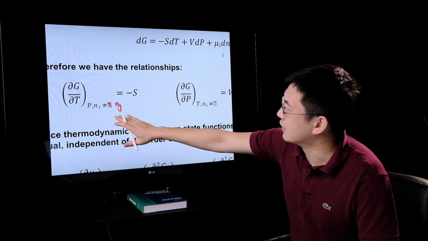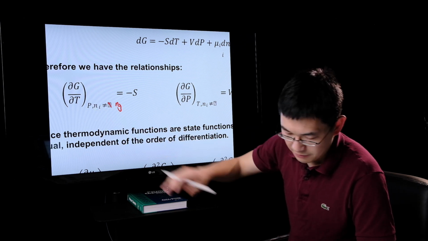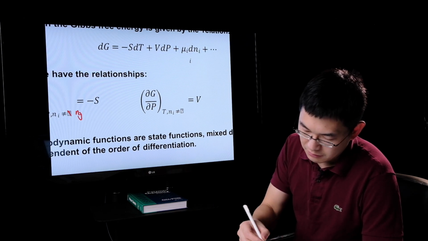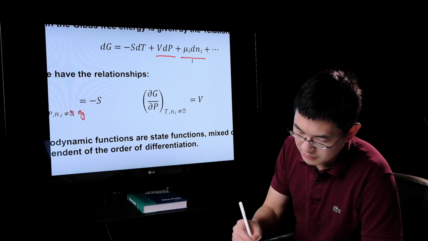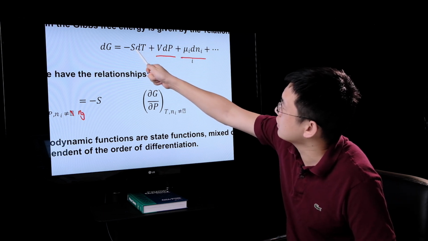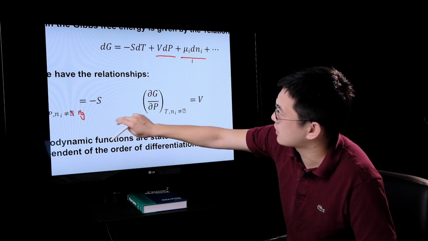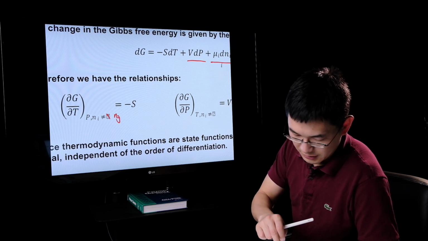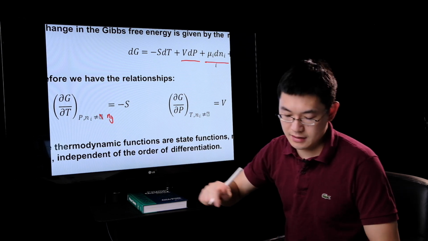How do you understand it? If we fix P and N, that means we take away the second term and the third term. So if you take a partial derivative with the temperature, you get minus S. That is what this particular equation says.